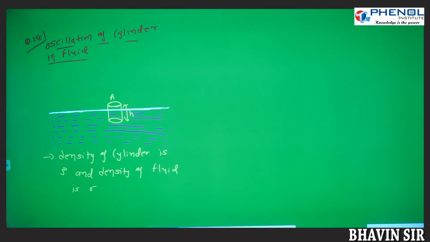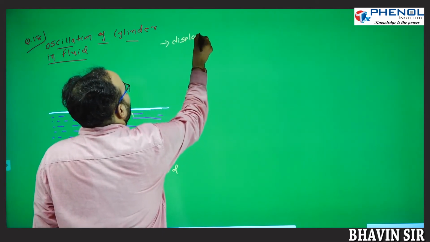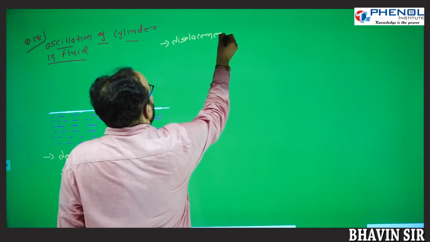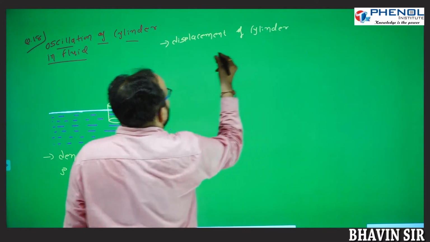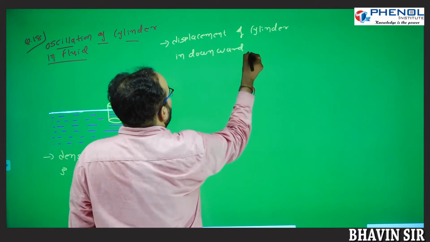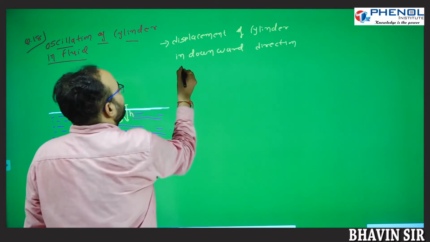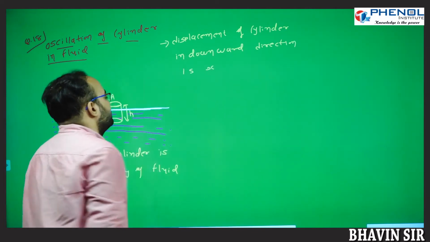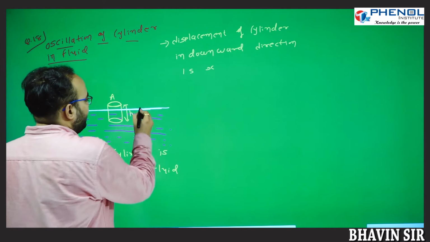So what is the displacement of cylinder in a downward direction? It is x.